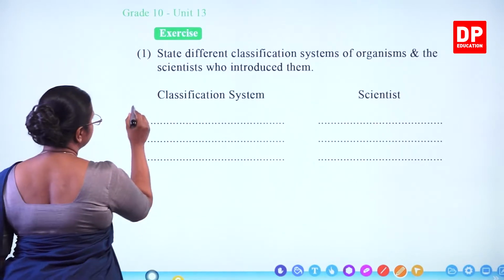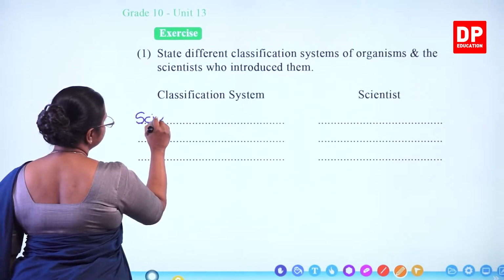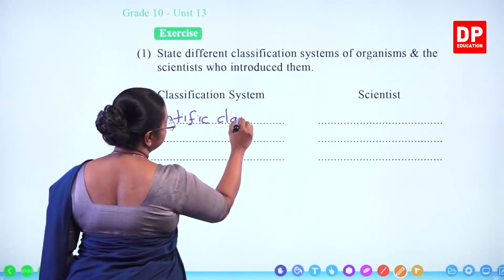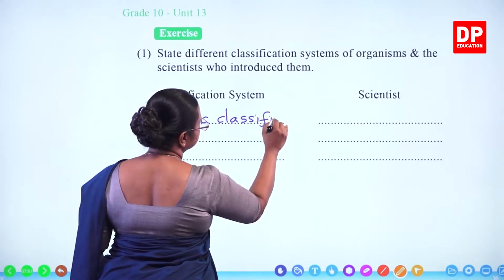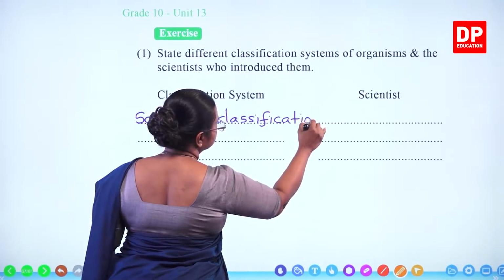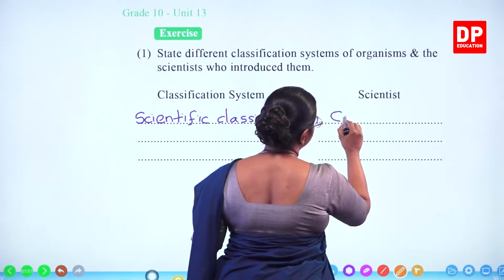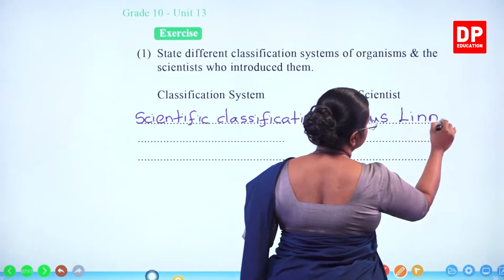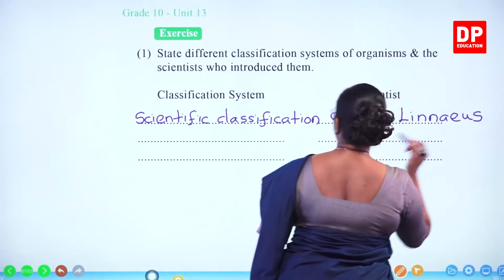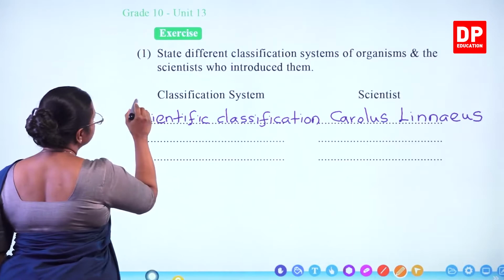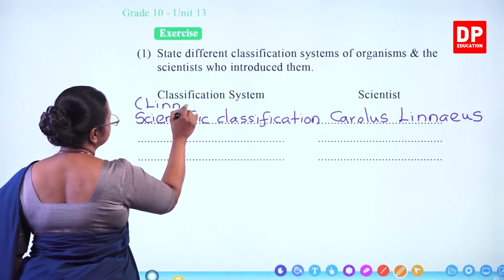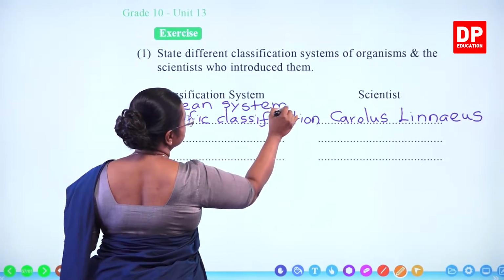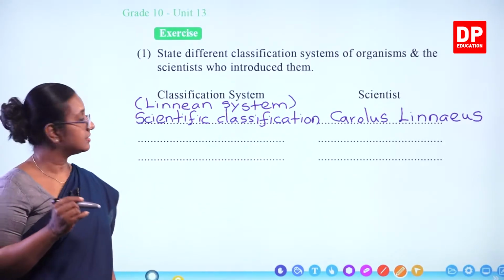Here I can say scientific classification by Carolus Linnaeus. This is also known as the Linnean system of classification.